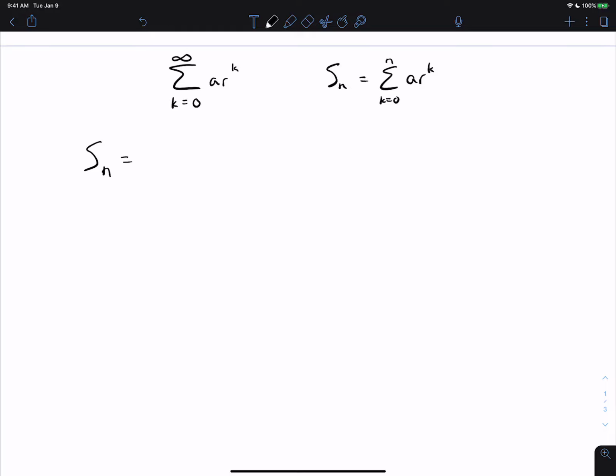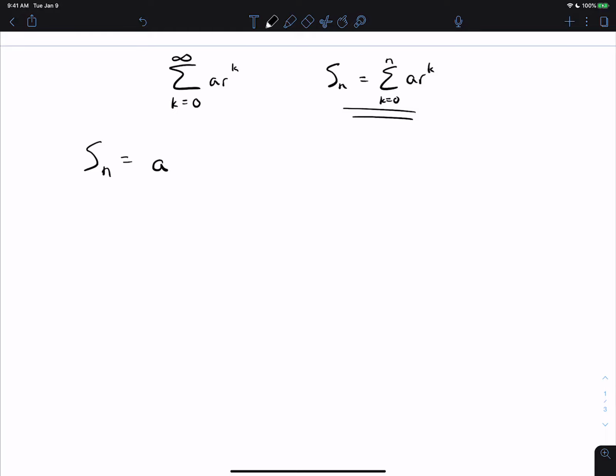So we're going to do a similar approach to the one we did a minute ago, where we do a system of equations. And so Sn, if I plug in 0 to the expression up here on the right, is a r to the 0, but r to the 0 is 1.